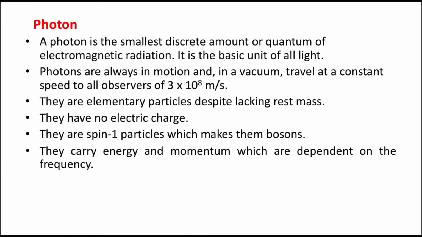Photons are always in a state of motion, and in vacuum they travel at a constant speed for all the observers, and this has the value 3 into 10 raised to the power 8 meter per second. They are elementary particles despite lacking the rest mass. We will see it in the later part of this lecture.